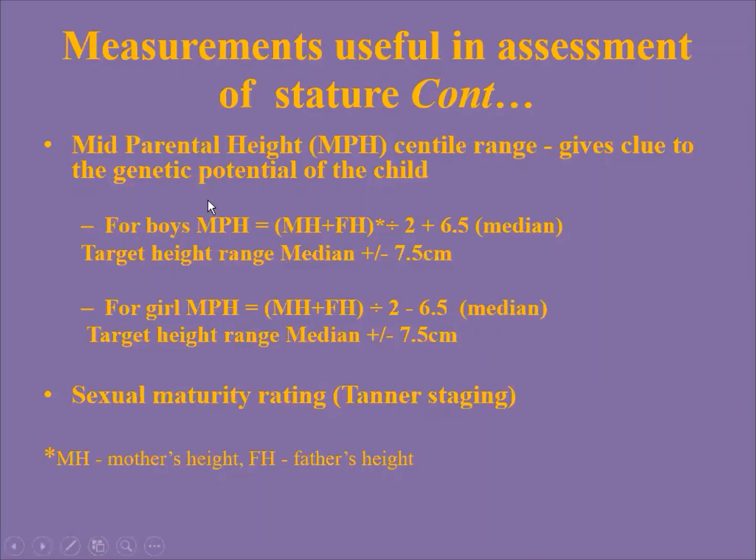So we create a range. So for that, first we have to find the median of the mid-parental height. So for that, you average the mother's height and father's height. That is adding them and dividing by 2. And then for boys, you add 6.5, and for girls, you deduct 6.5. Then you add and deduct 7.5 centimeters and find the range.